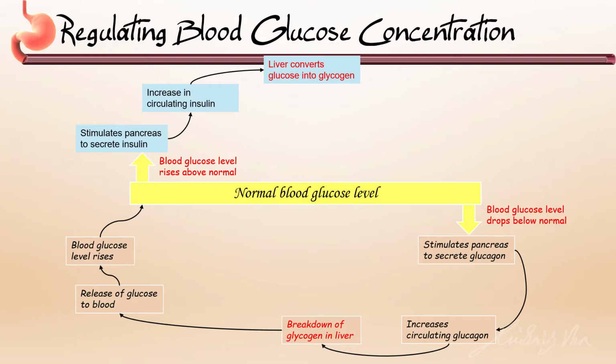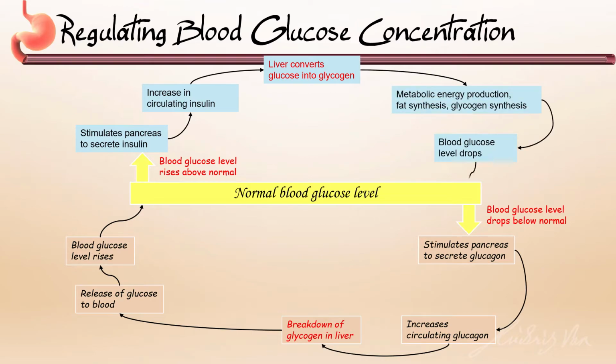So it's sort of the reverse. When we need more glucose, liver will break down glycogen into glucose. And when we have too much glucose floating around in our blood, our liver will convert the glucose into glycogen. Then this will cause the blood glucose level to return to normal.